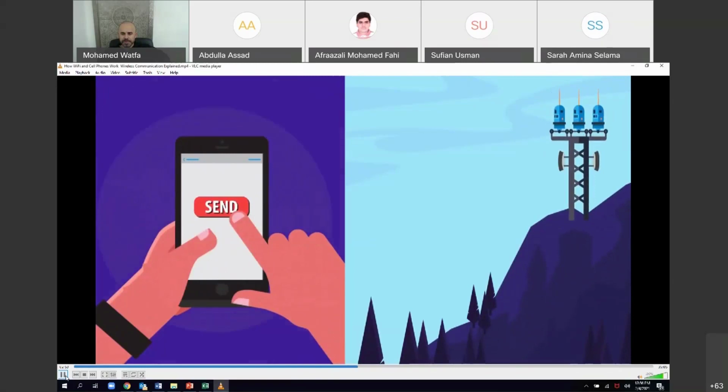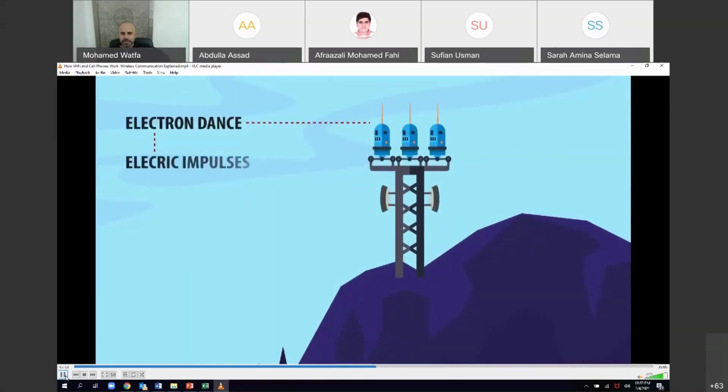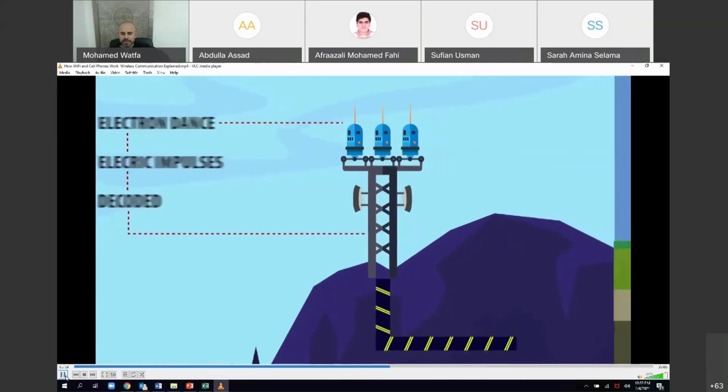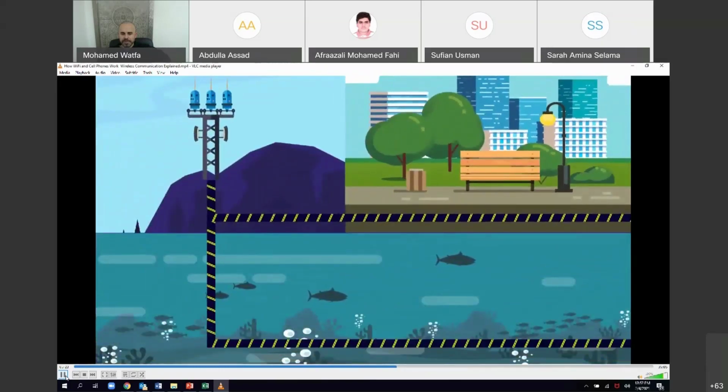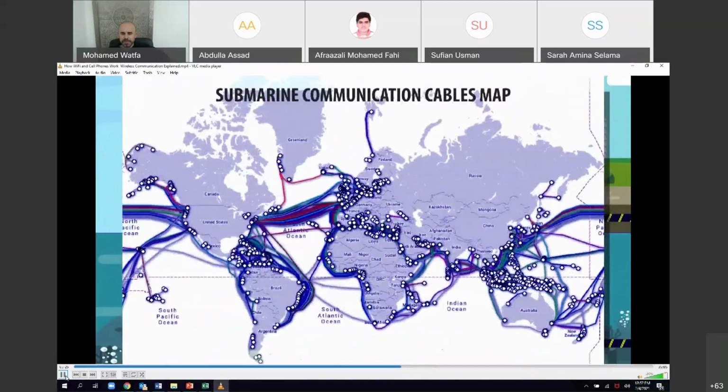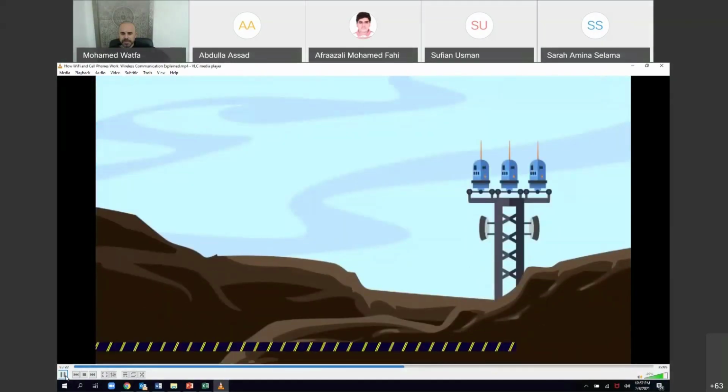a cell tower. The receiving antenna on the cell tower feels these ebbs and flows on its conducting surface, inducing an electron dance very similar to the one from the transmitter. This electron dance is again a set of electric impulses in tiny copper wires, which are decoded by the hardware at the cell tower. The decoded information is then carried on high-throughput cables for thousands of miles across countries, continents, and even oceans, through transatlantic communication cables or some other submarine communication cables, to a cell tower near your friend across the ocean.